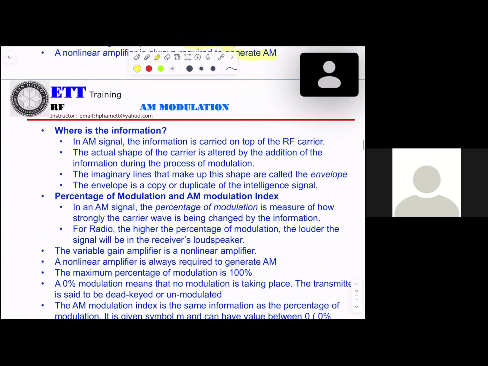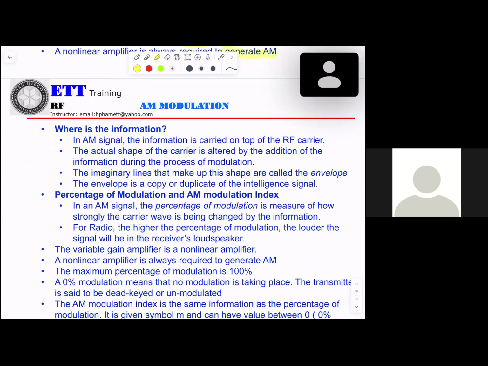Where is the information? In an AM signal, the information is carried on top of the RF carrier. The actual shape of the carrier is altered by the addition of the information during the process of modulation.